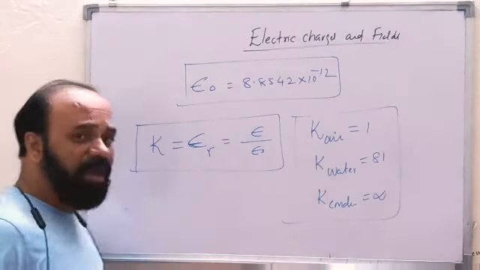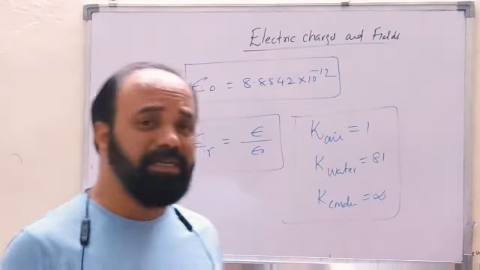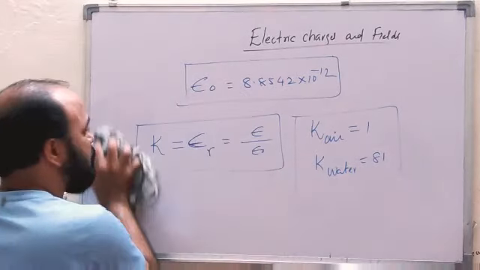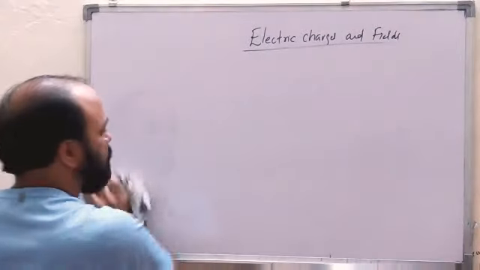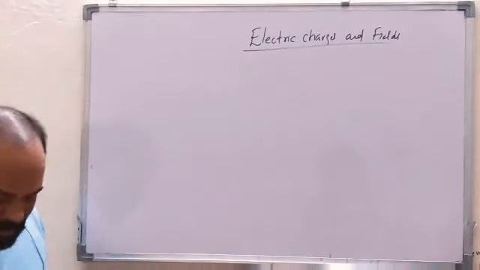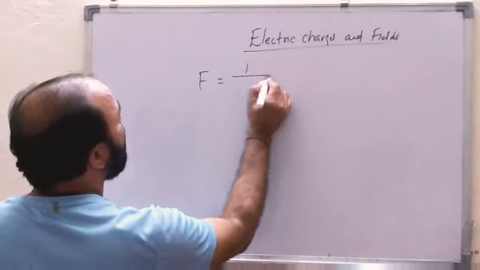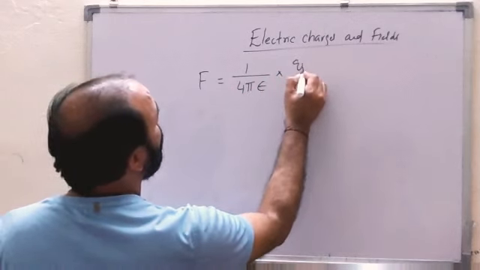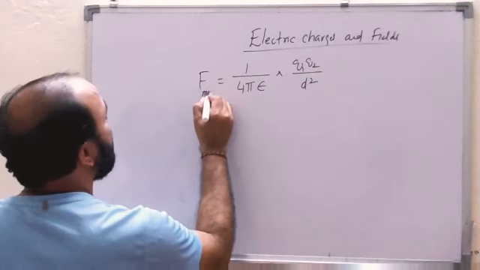We have two charges Q1 and Q2. If these two are separated by distance D, listen to me. Now we use this relative permittivity concept here. Force in a medium means 1 by 4 pi epsilon into Q1 Q2 by distance D square. This is F medium.